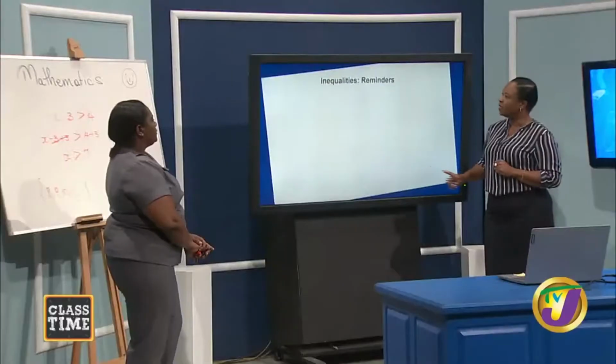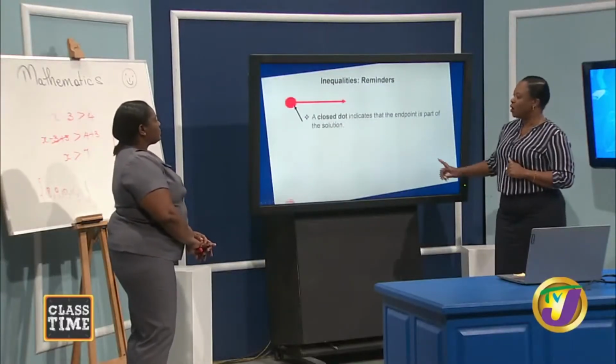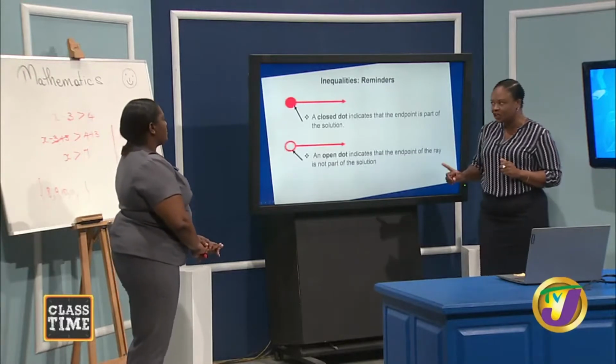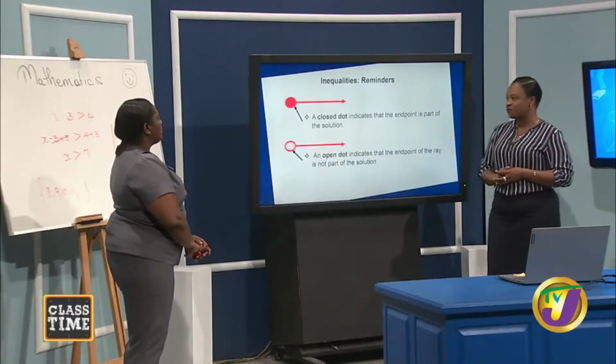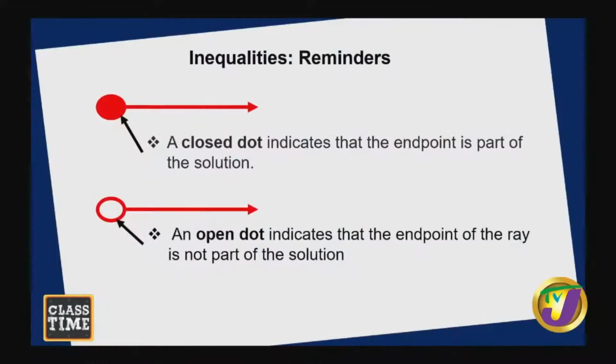Here are our reminders. A closed dot indicates that the endpoint is a part of the solution, while an open dot indicates that the endpoint of the ray is not a part of the solution.